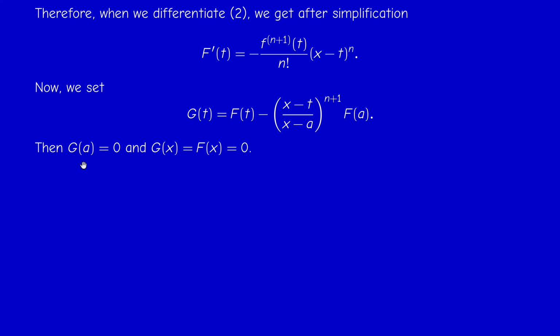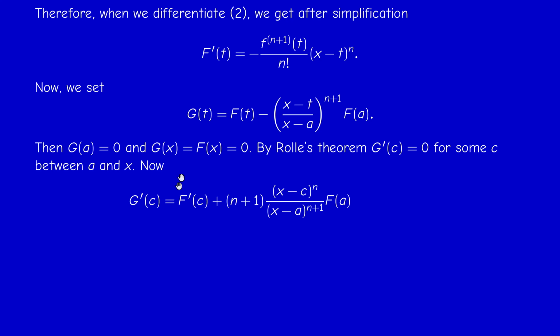So what do we have now? We have g of a is 0 and g of x is 0. Therefore, and g is differentiable, right? So Rolle's theorem tells me that g prime vanishes at some c. Yeah, and this is my c. Now, when you compute g prime of t, you get what?